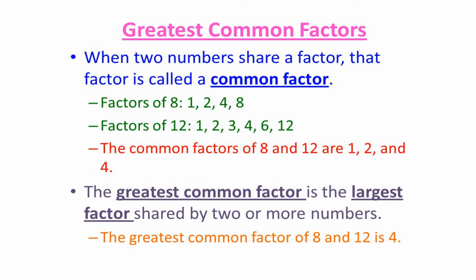What is HCF? HCF of two or more numbers is the greatest number that can exactly divide each one of the numbers. It is also called the greatest common divisor or greatest common factor.